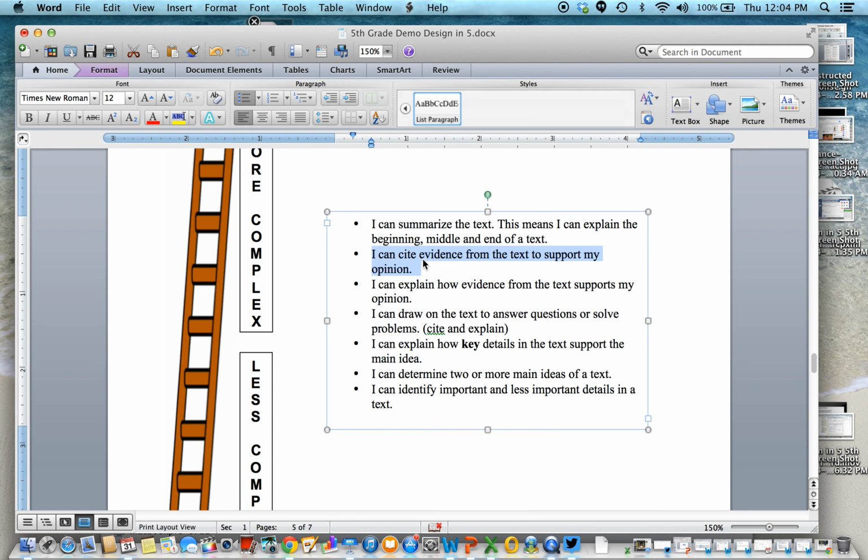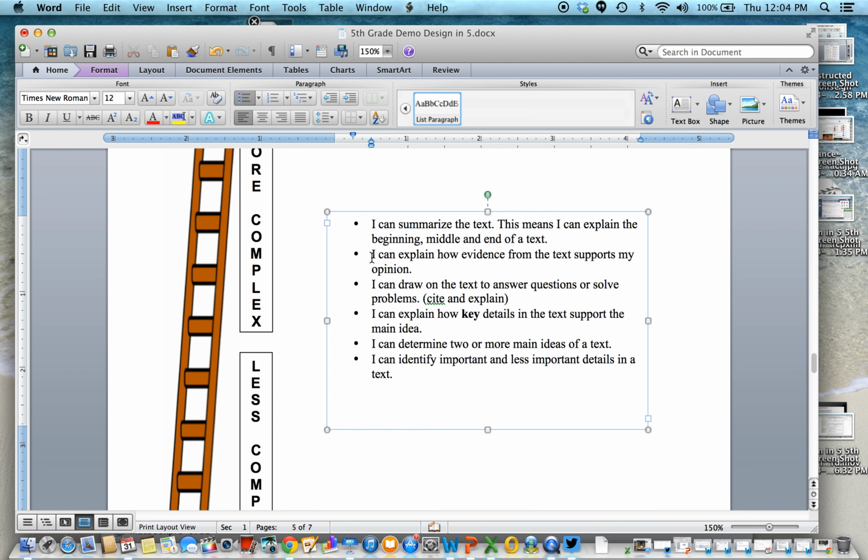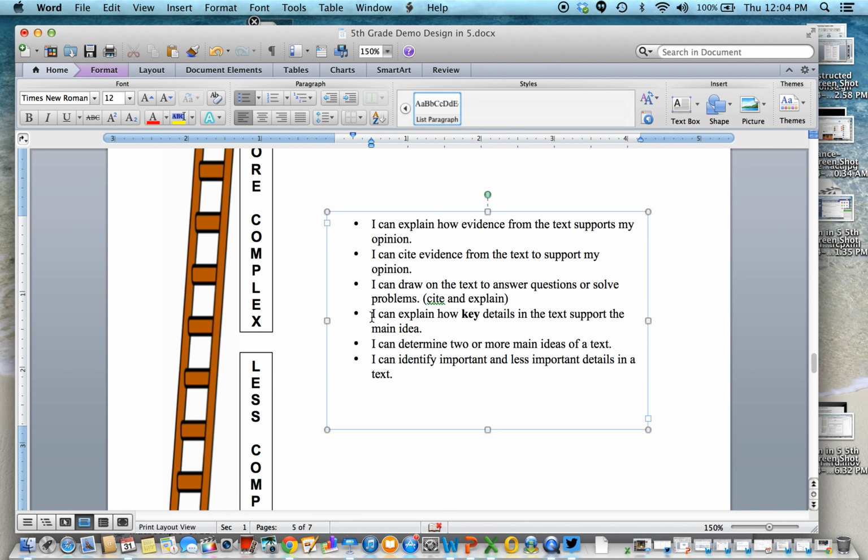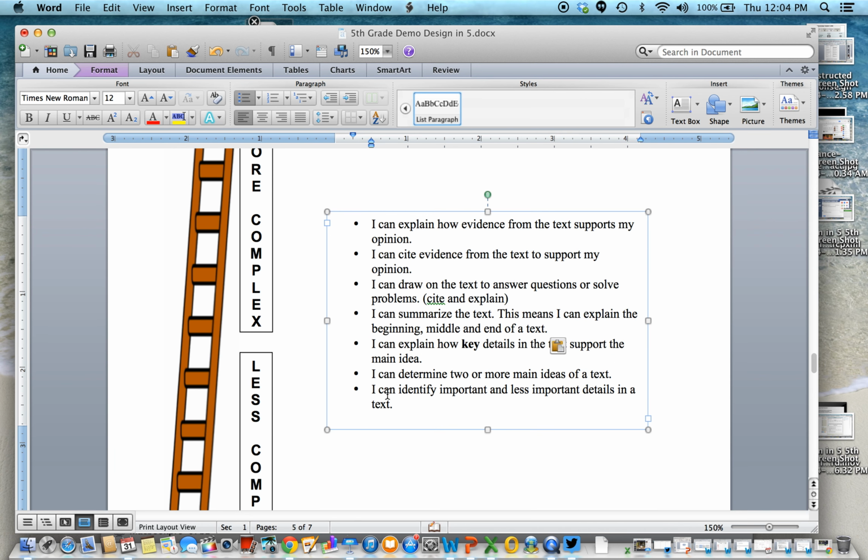And I actually think I'm going to have them first cite evidence and then explain, because it's one thing to be able to cite and say, this sentence supports what I'm thinking, but it's a whole other thing to explain exactly what that means. And I think this summarizing piece is going to come in right here.